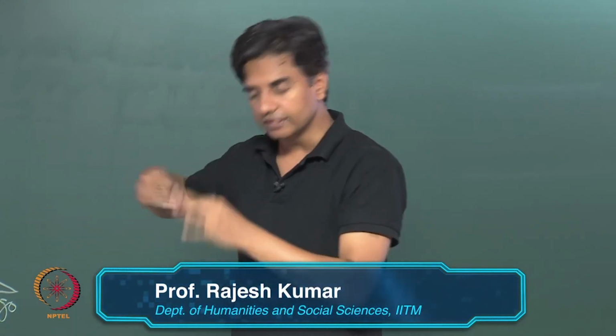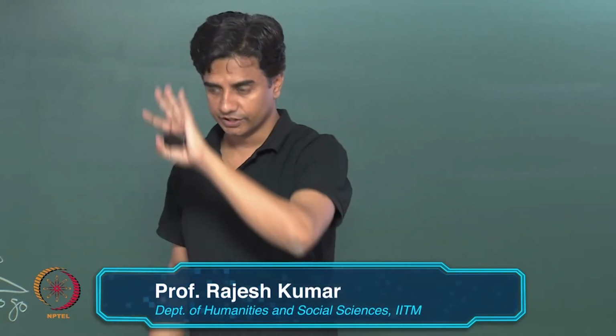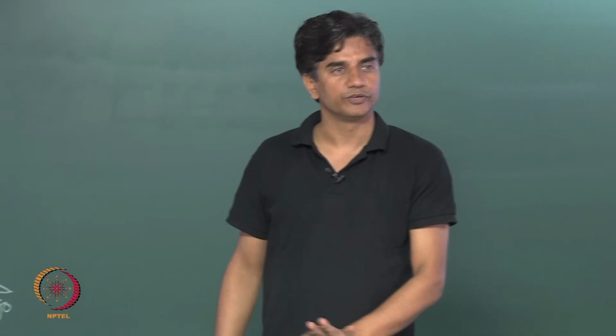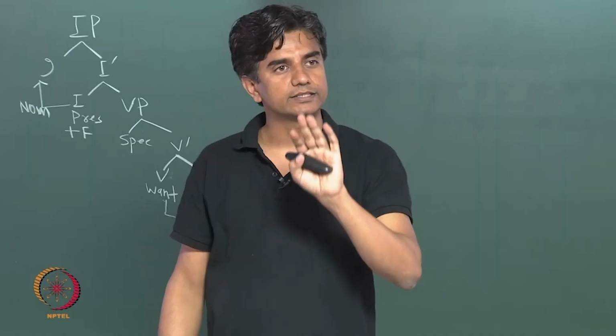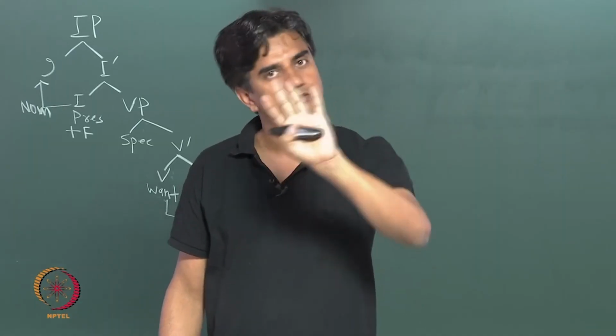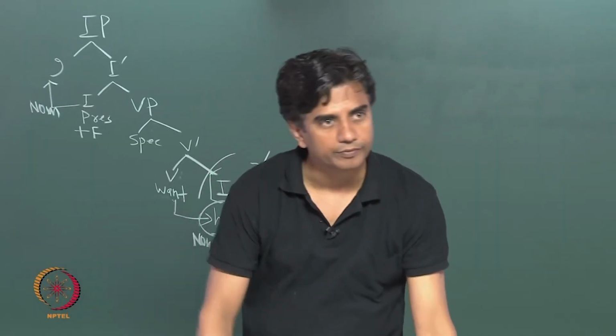So keeping the differences and similarity in mind, try and understand exceptional case marking and structural case marking. Is this clear to you? If that is clear, then before I ask you anything else, we will stop and then we will talk. Okay.